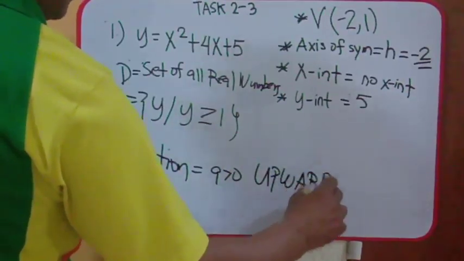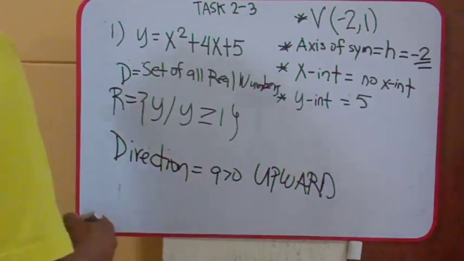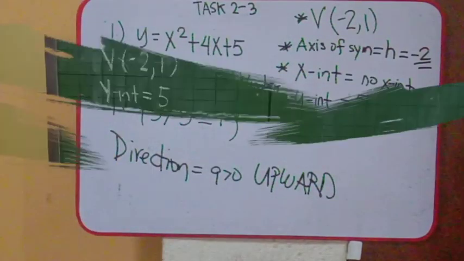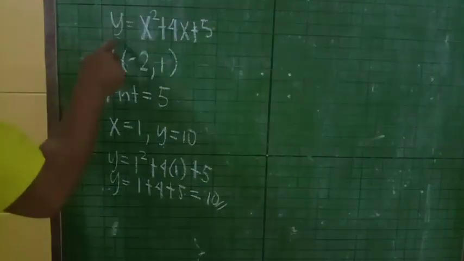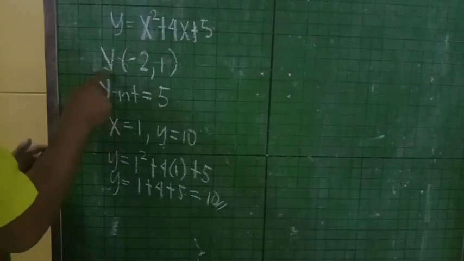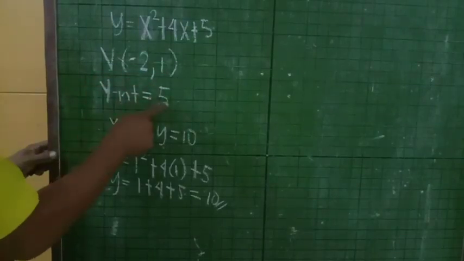After this, we will have to graph the function of y equals x squared plus 4x plus 5. Okay, gagraph na natin yung function natin na y equals x squared plus 4x plus 5. So, yung vertex natin, negative 2 and 1. Y-intercept is 5.